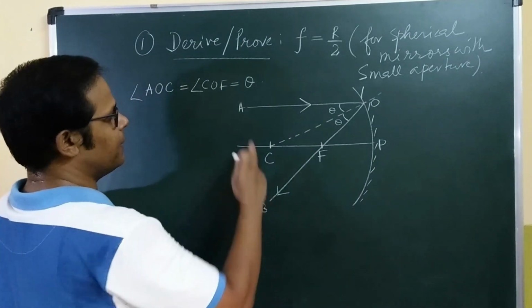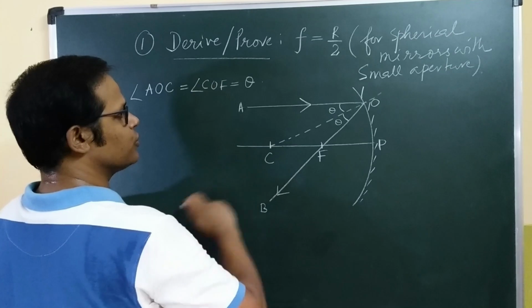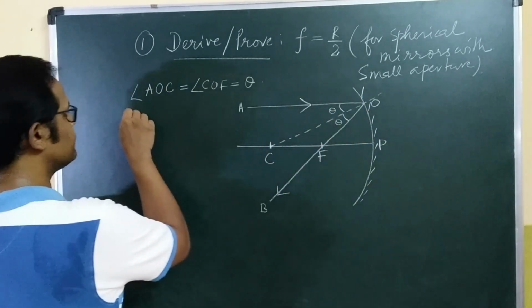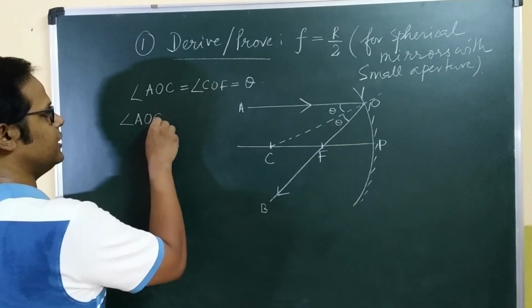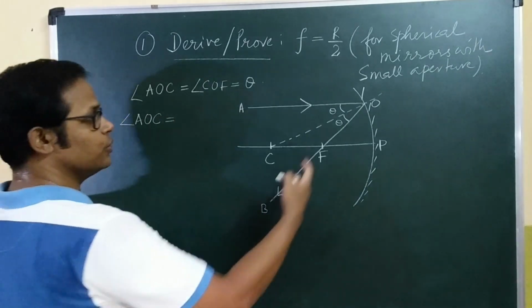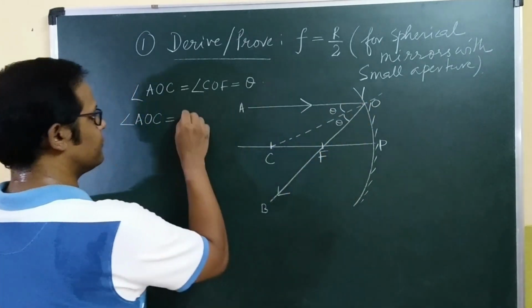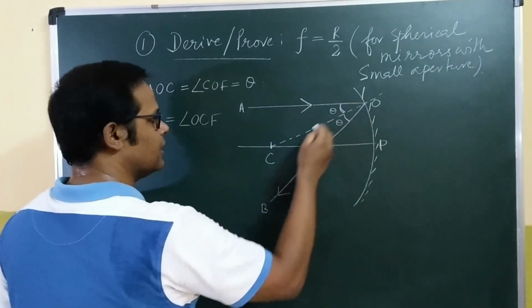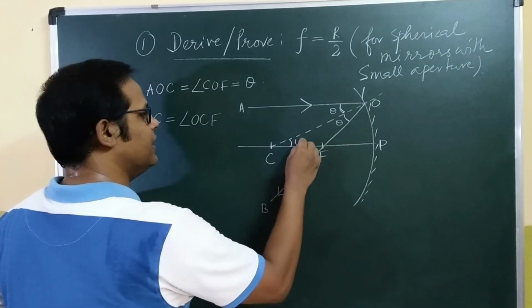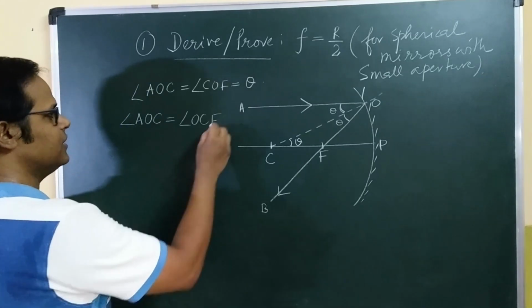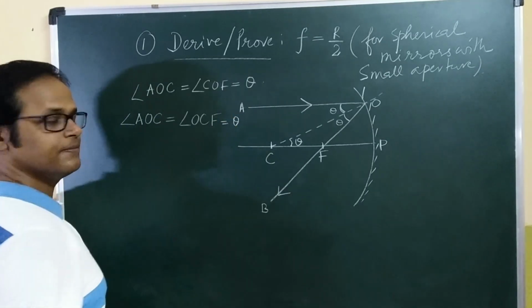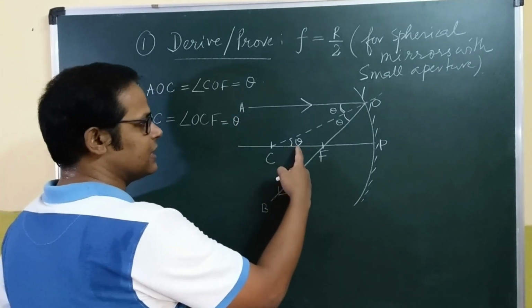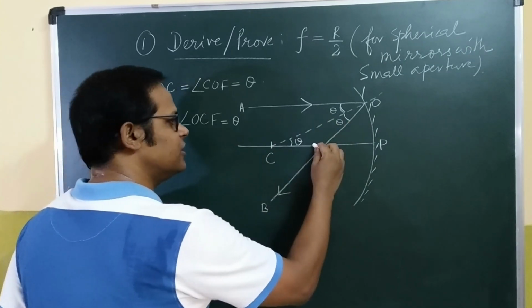At the same time, angle AOC should also be equal to angle OCF. Alternate angles. If this is theta, then this also has to be theta. Alright? So these are also equal to theta. So if this is theta, how much should this be?